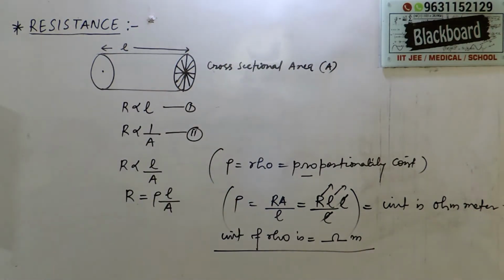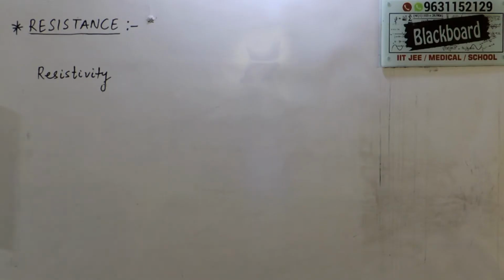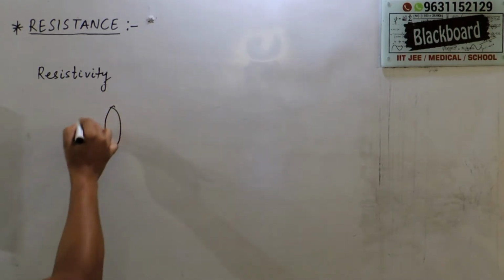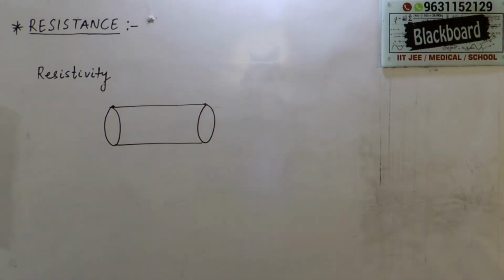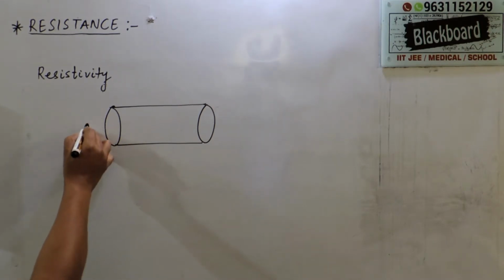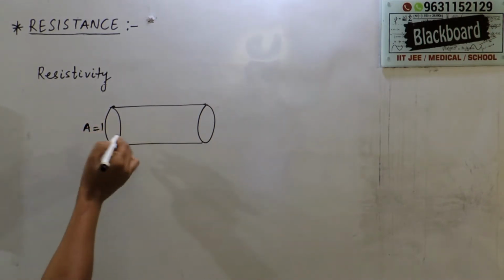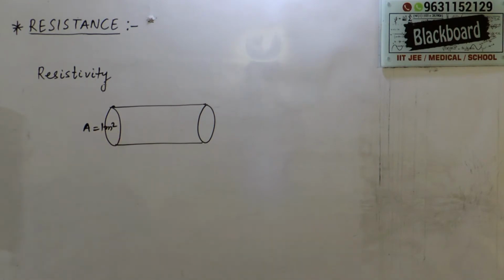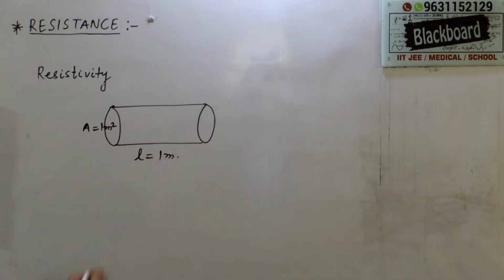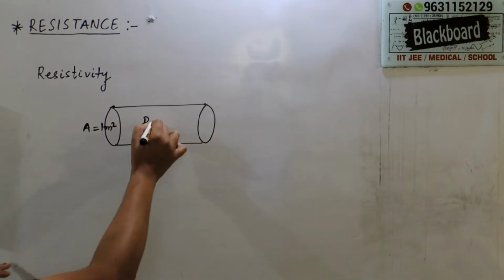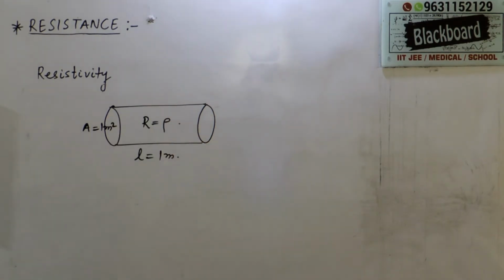You will get this. Now the term resistivity. Let this be any conductor, where the area is 1 meter square and the length is 1 meter. In this case R is equal to rho. How will you get this result?